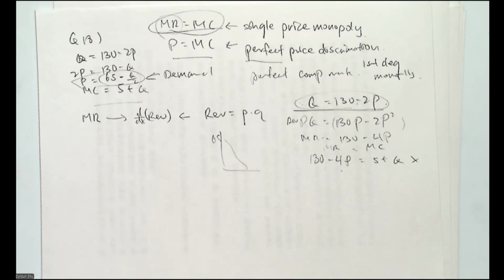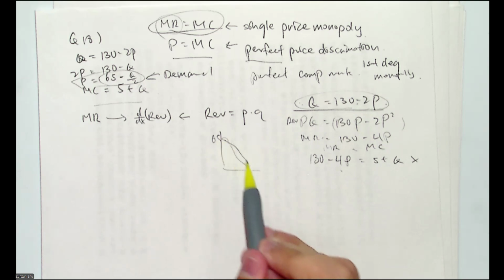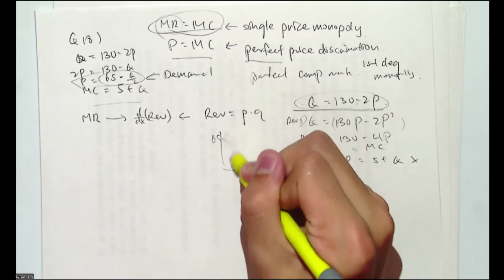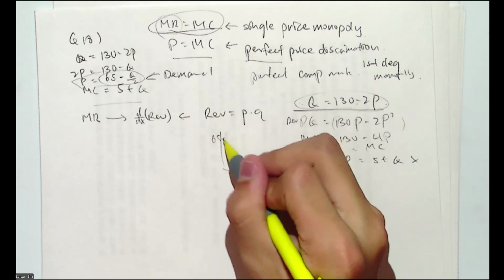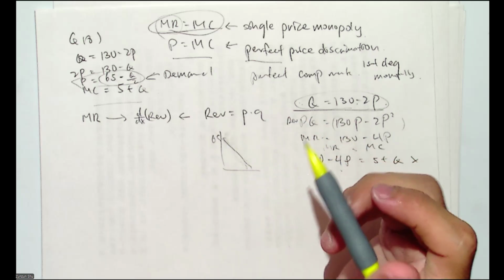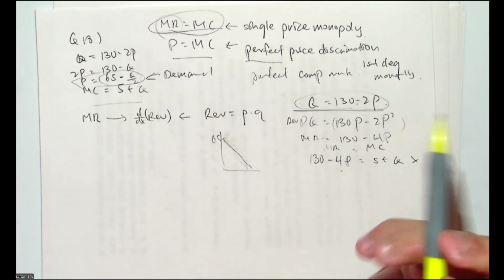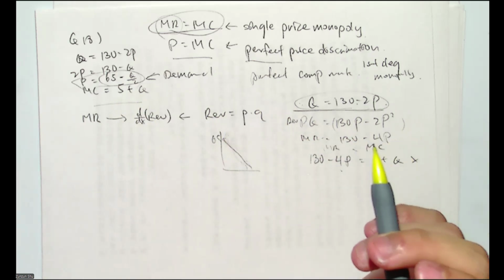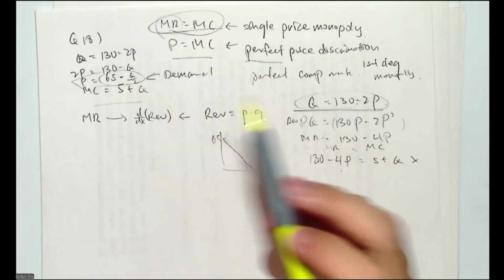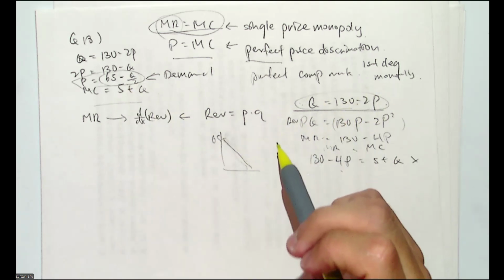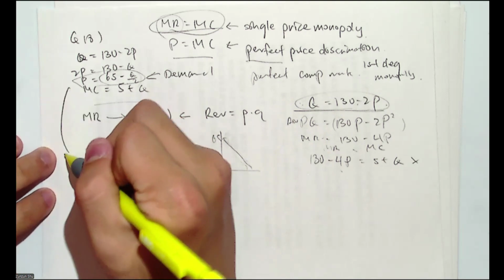That's fine. But the reason I don't want you to use it that much is that in most of the questions you see, you have to graph it. And if you have to graph it, it's just better to simplify into P equals some sort. Then you find P equals 65 minus Q over 2, and then you graph it. It would also be easier for you.